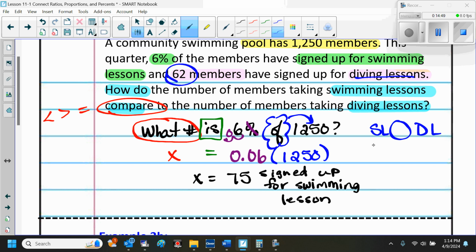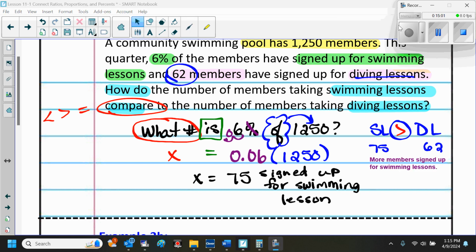So this one is 75, this one is 62, and of course, what symbol do I put in there? Greater than. So, how do I say that in a sentence? So to answer our final question, we just write that more members signed up for swimming lessons.